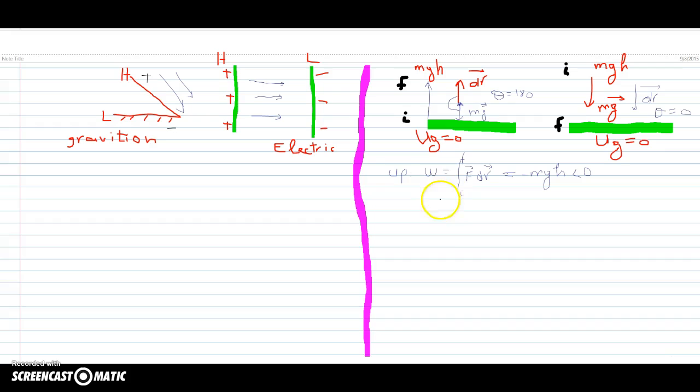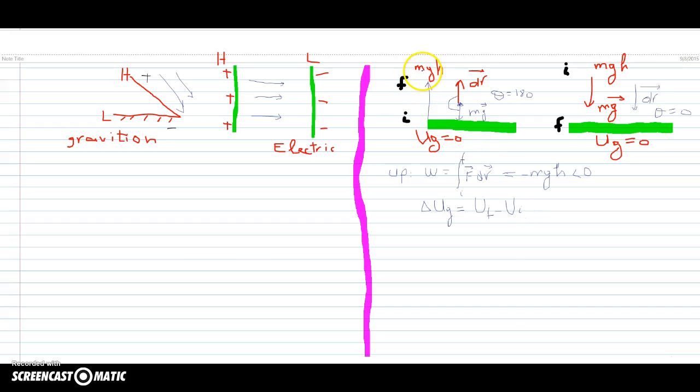Alright, now let's evaluate the change in gravitational potential energy going from the lowest point to the highest point. By convention, the gravitational potential is put to 0 at the lowest point of the system, so this is 0. So the change in gravitational potential energy, U, I can put G for gravitation, is U final minus U initial.